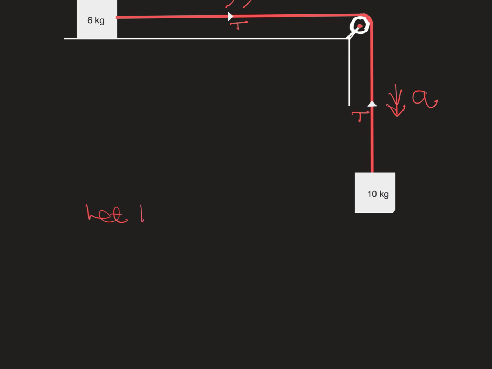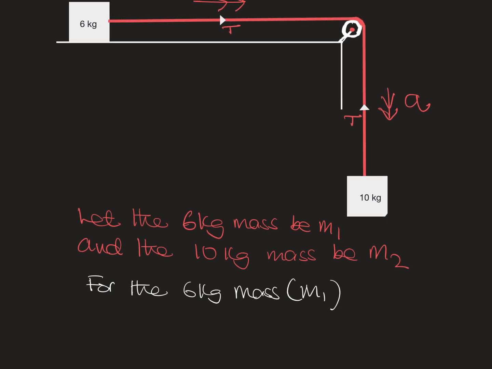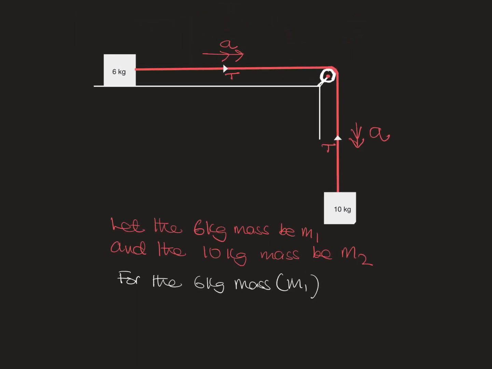Let the 6 kilogram mass be M1 and the 10 kilogram mass be M2. For the 6 kilogram mass M1, the only horizontal force that is acting on it to cause motion is the tension.